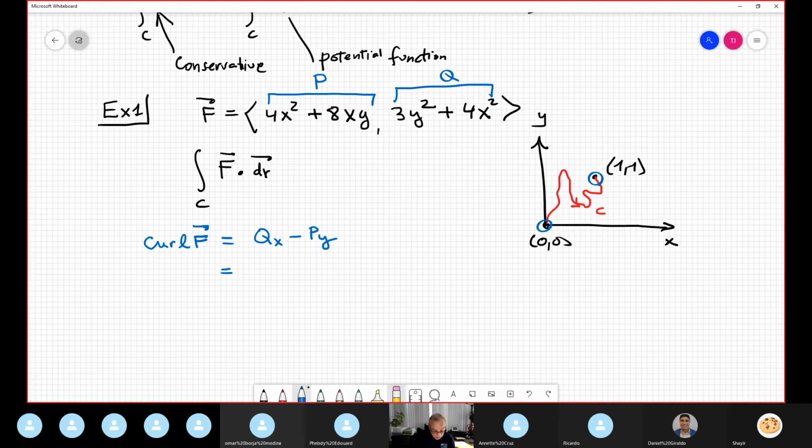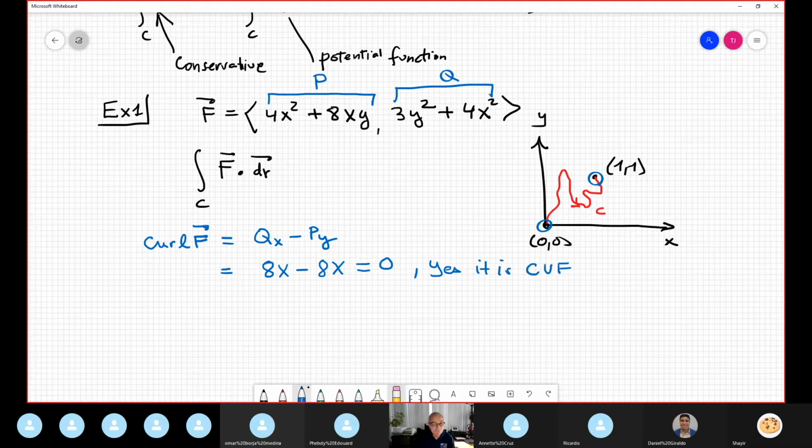Derivative of Q with respect to x: if you differentiate with respect to x, this is 8x minus something. And you differentiate this with respect to y, and this is 4x. Okay, good, that's 0. So the conclusion is yes, it is a conservative vector field.